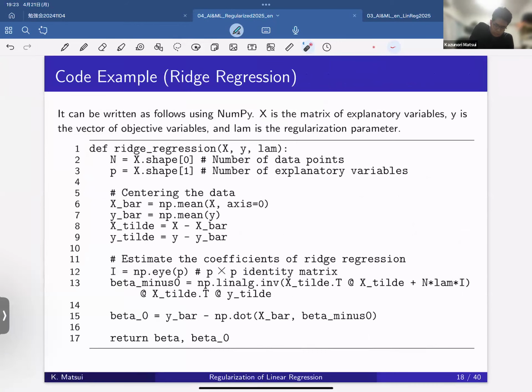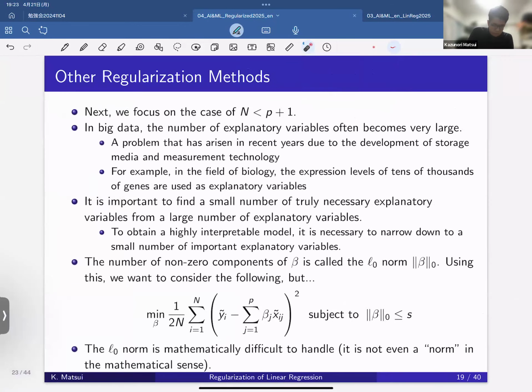As I mentioned earlier, I gave examples of when the determinant value becomes small. One was when there is a strong correlation between the columns of the matrix, which we solved with ridge regression. The other case was when n is smaller than p plus 1, meaning when there are fewer data points than explanatory variables.